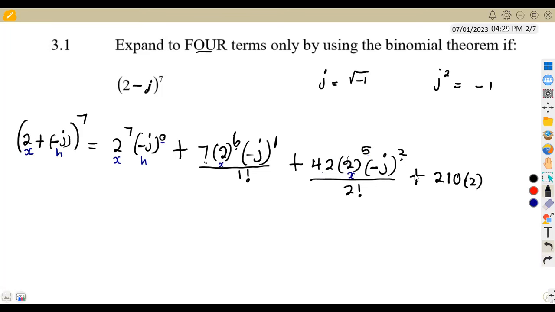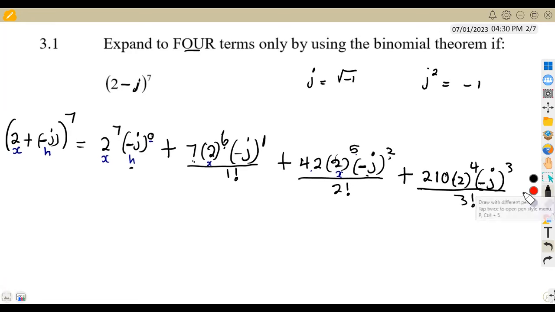So it's 2 to the exponent of 5 minus 1, which is now a 4. The part of h, which is our j in this case, increases. It's at 2 now, so it's going to be minus j to the exponent of 3. So it's increasing its powers, over 3 factorial. Now we've got 4 terms. So this is how we're supposed to expand this.